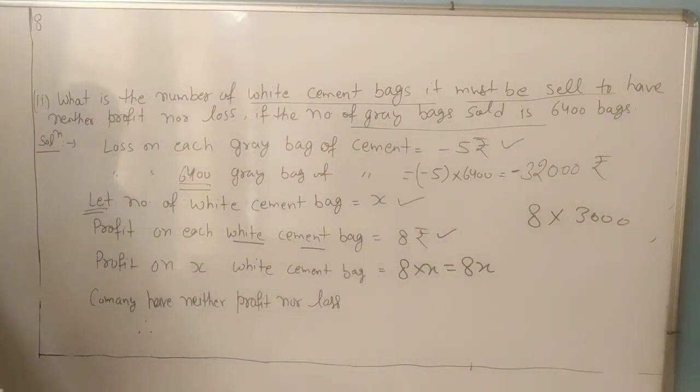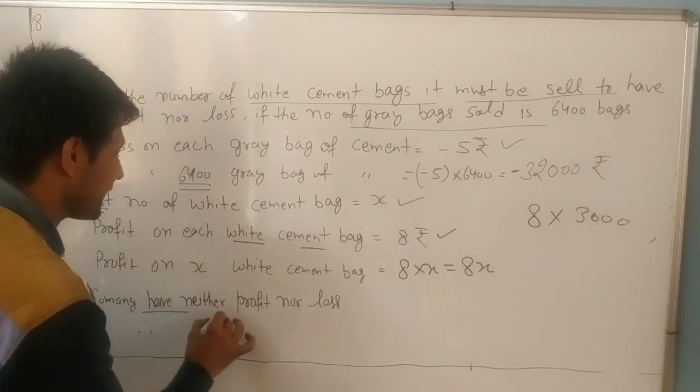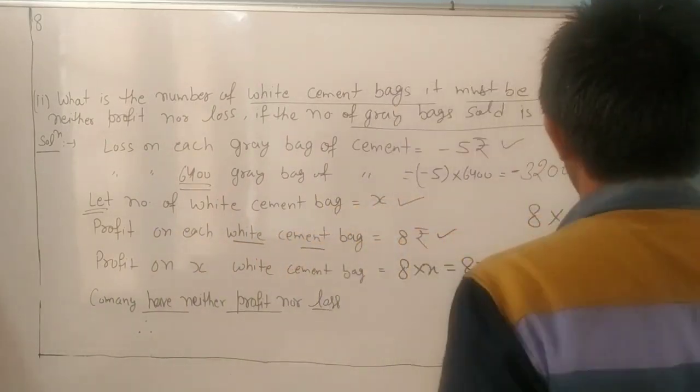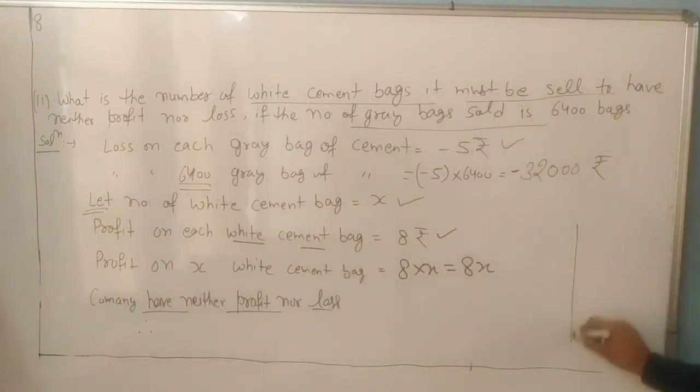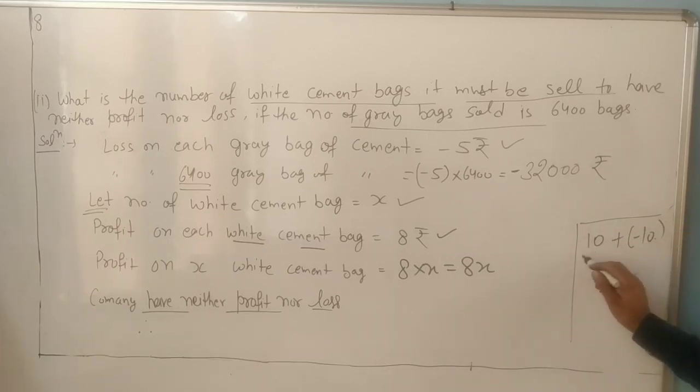And one more thing, the company has neither profit nor loss. What does it mean? It means the sum of profit and loss must be 0. Only in this case. You have 10 rupees profit and 10 rupees loss, then you have 0 profit.